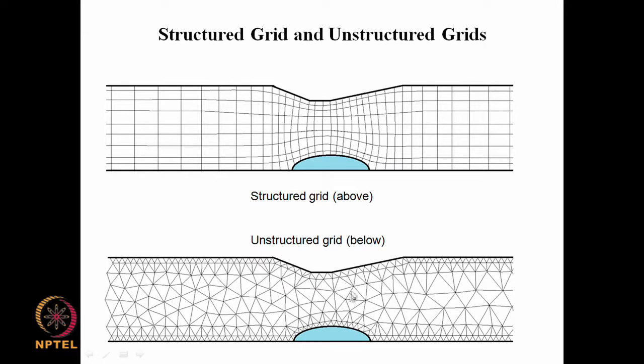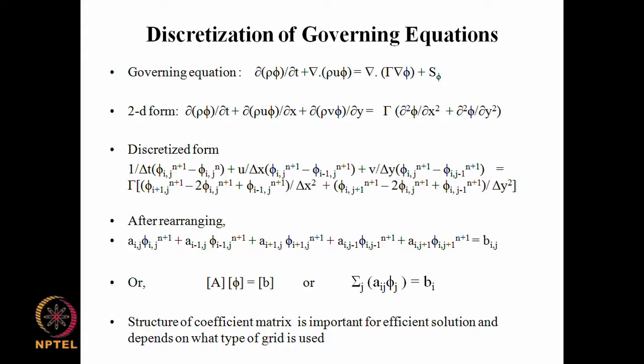So, it will have 4 variables involved in this, and in the structured case we will have 5 variables, the point ij itself and the 4 neighboring points. So, we will have an algebraic equation of this particular form with the corresponding coefficients and with the variables that appear in each equation for each cell.